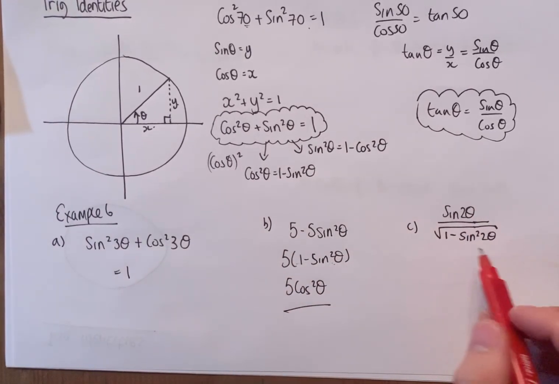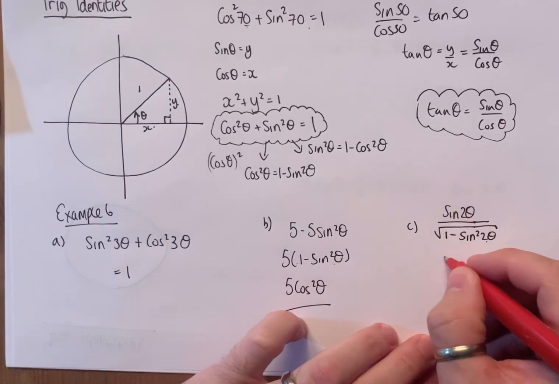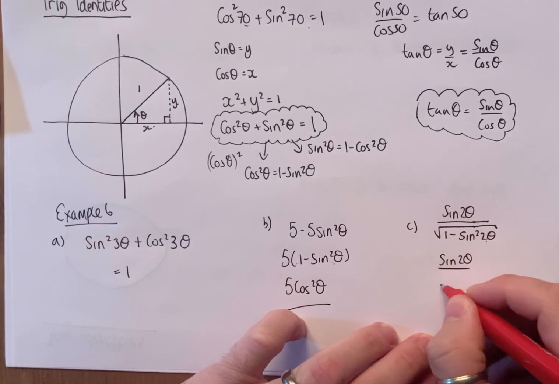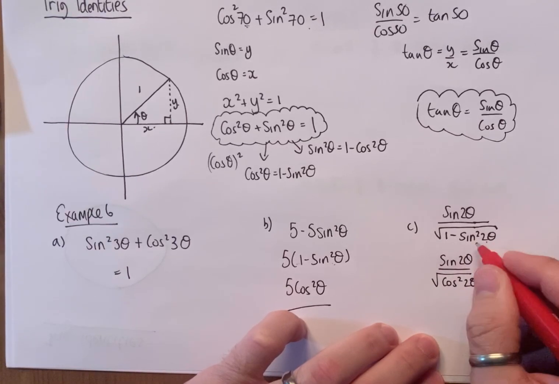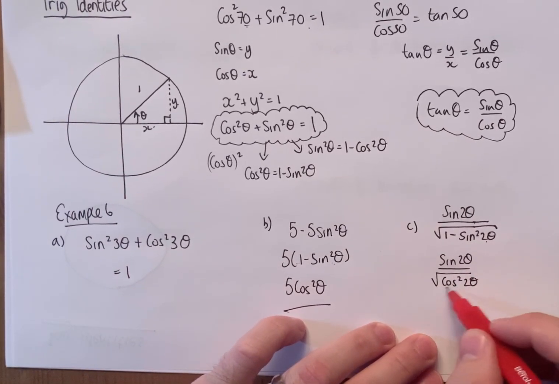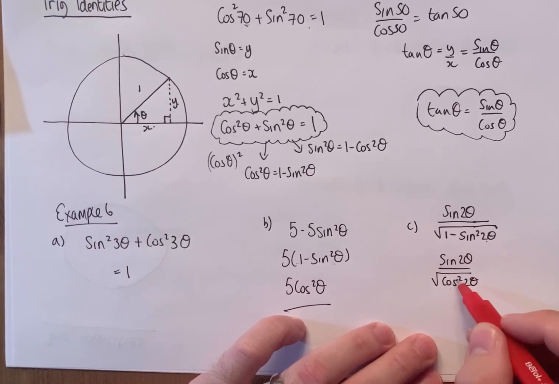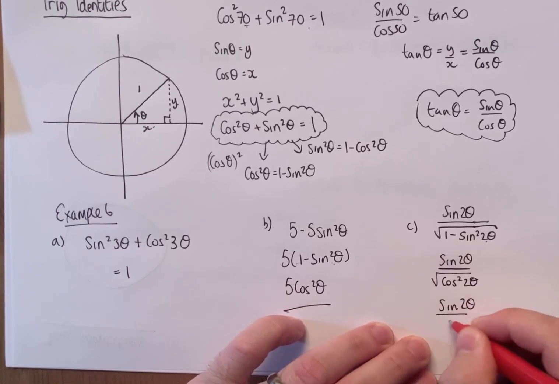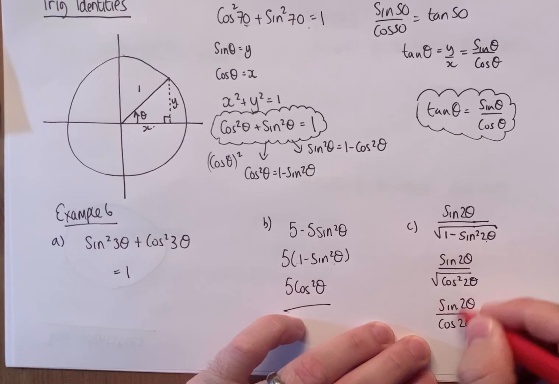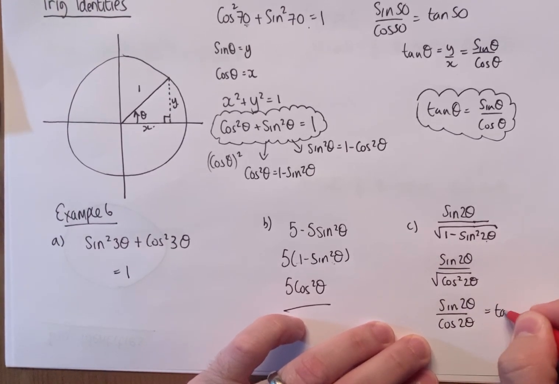Here, this one, 1 minus sine squared is cos squared. 2 theta, the angle stays the same. Square root of cos squared, so you've got cos, the square root just cancels. And sine over cos, if the angle's the same, is tan.